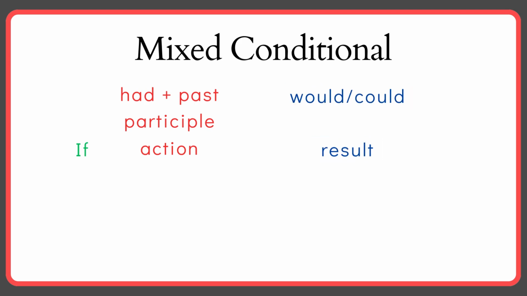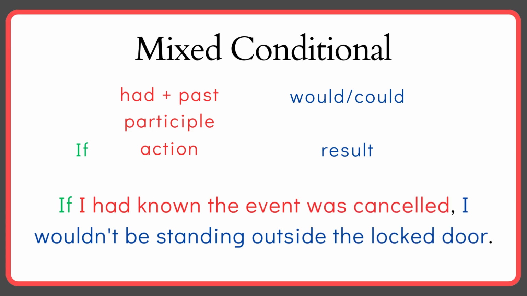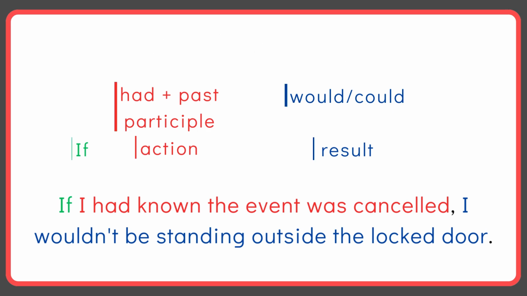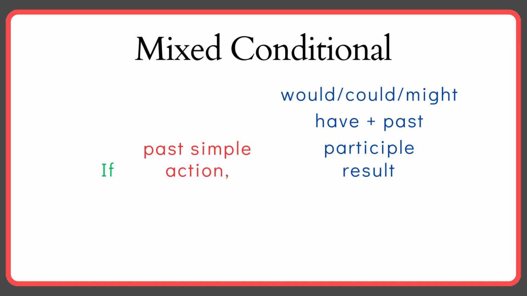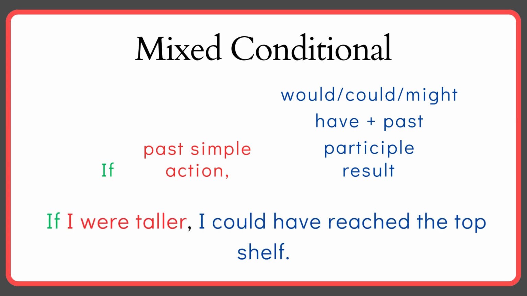If I had known the event was canceled, I wouldn't be standing outside the locked door. Or to form a mixed conditional, the second conditional could form the present action, which affected the past result, which is the third conditional. If I were taller, I could have reached the top shelf.